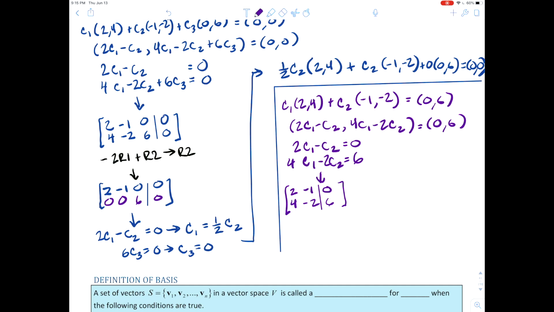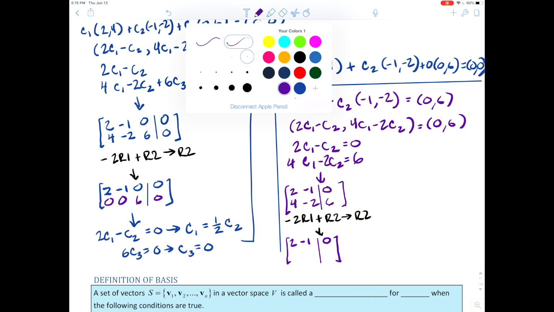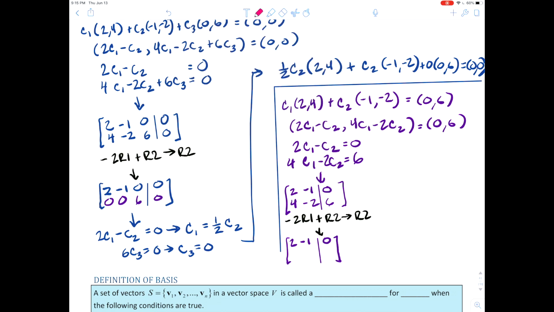Then, if I multiply the first row by 2 and add the second row for a new row 2, let's see what happens. We'll have 2, -1, 0 again. And our new row 2 will be 0, because we'd have -4 plus 4, and then 2 plus -2 is 0, and then 0 plus 6 is 6.